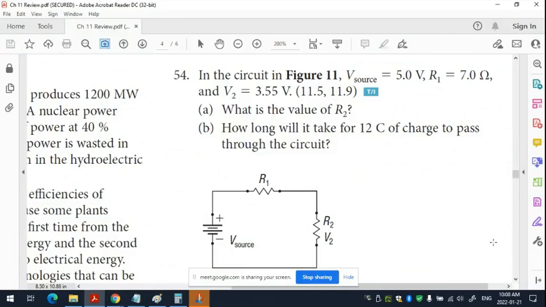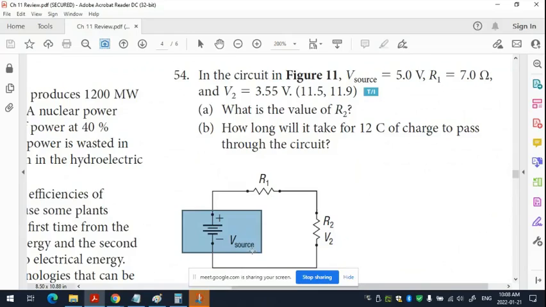Great. So what do I know about this one? I know the R2, and I just found the V2. So what can I calculate from both of these being divided? The amperage. And because the whole thing is in series, that amperage you found is the same for this one and the same that's coming out of the battery.